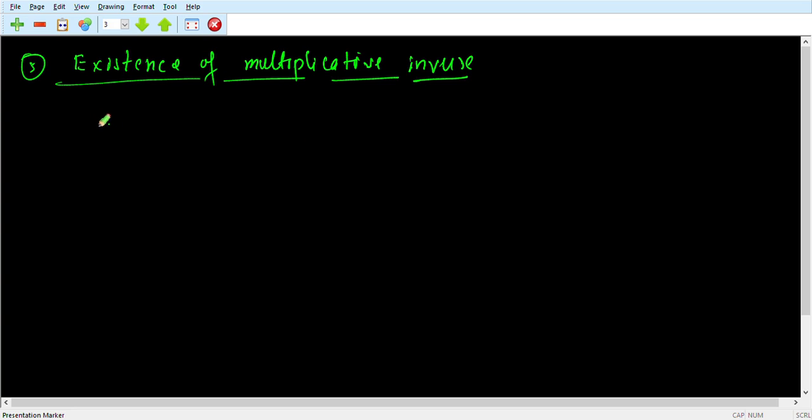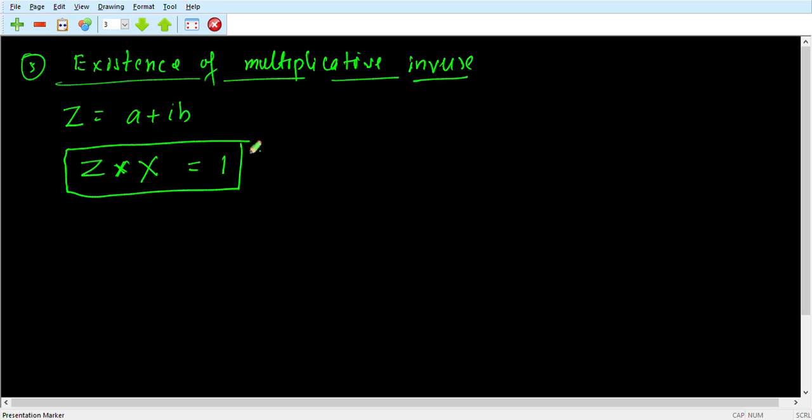So multiplicative inverse says what number we should multiply with a complex number so that we can get a value 1. Let us suppose I have a complex number z that is equal to a plus iota b. Let us suppose I want to multiply x with z and the result should be 1. So I am interested in finding x.